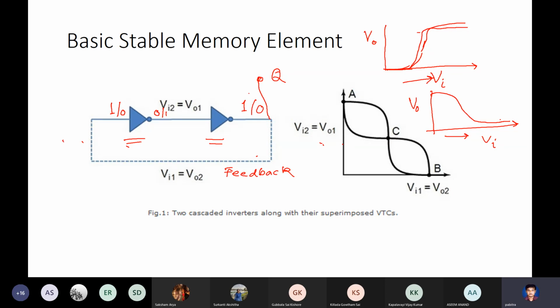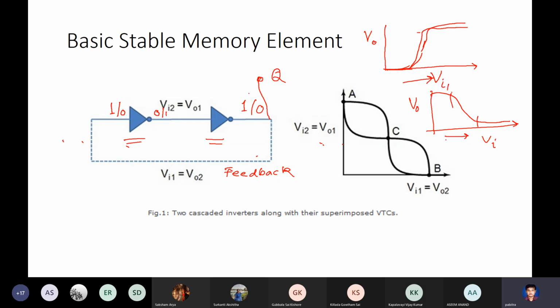The point to be noted is that it's not an abrupt step function kind of change. There is a slow change because of the nature of the device that is used to build the circuit.